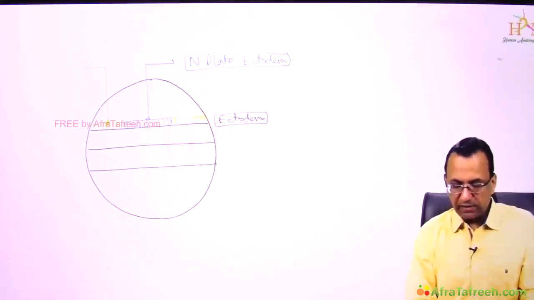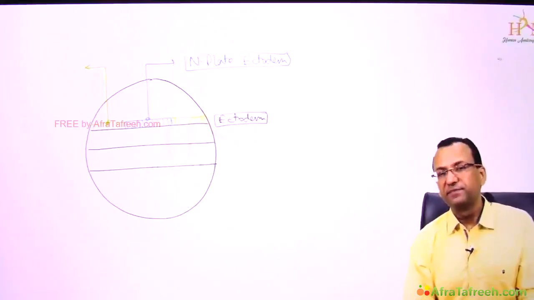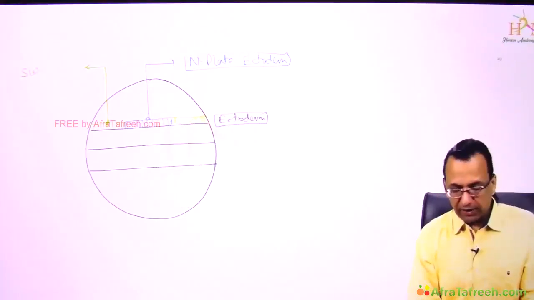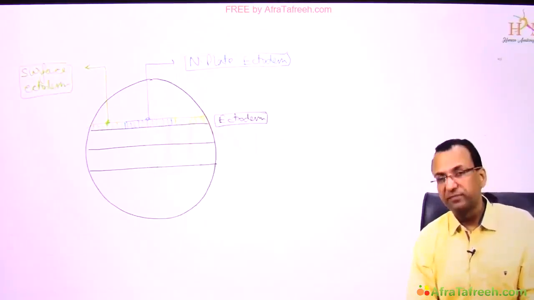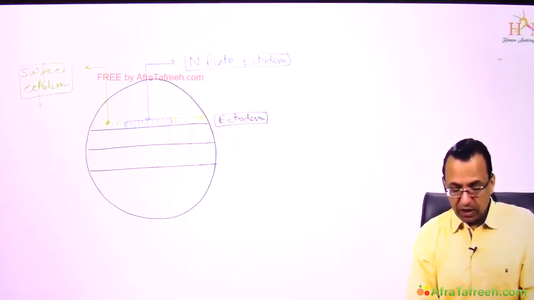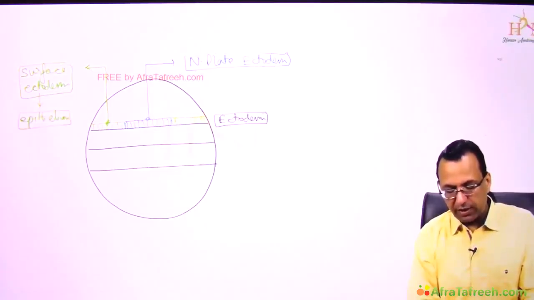Actually, as the name is suggesting, the surface ectoderm is supposed to form surface epithelium. Now, if you say it is forming surface epithelium, not only epithelium but also the related glands. So basically we are talking about skin here.